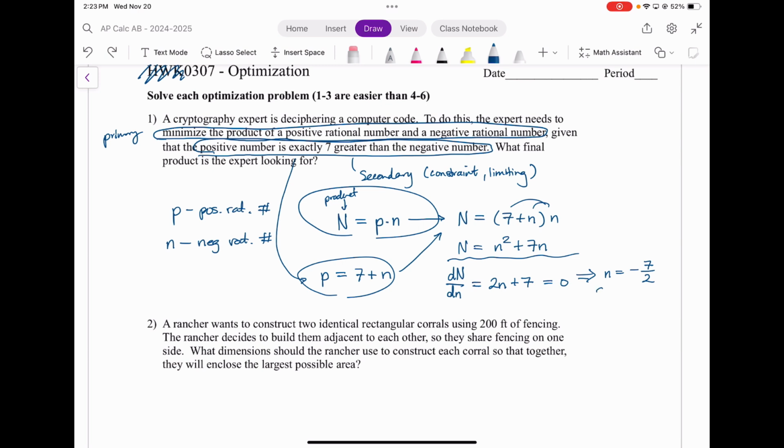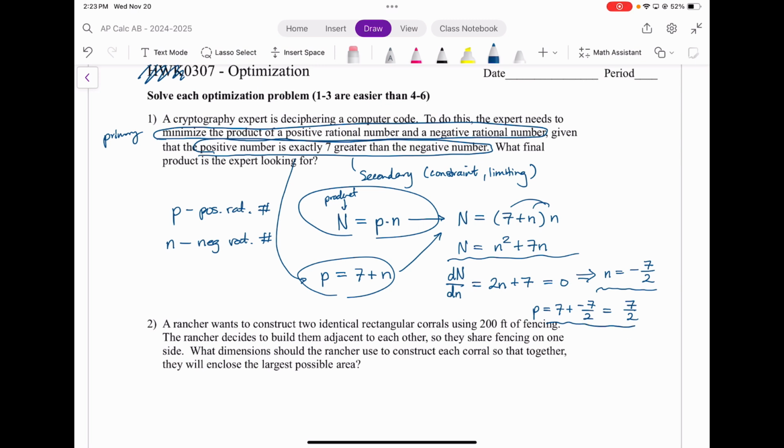So this is the negative rational number. How do I get P? Well, I just add 7 to that. So P equals 7 plus negative 7 over 2. And this equals 14 over 2 minus 7 over 2. That's positive 7 over 2.